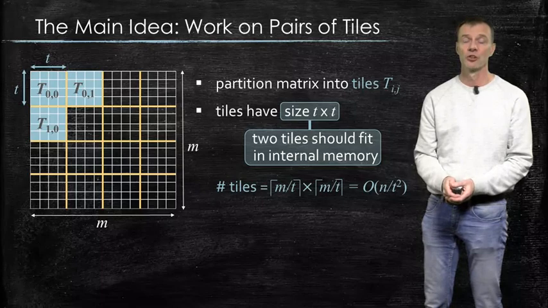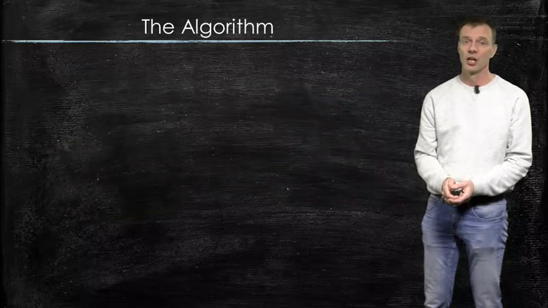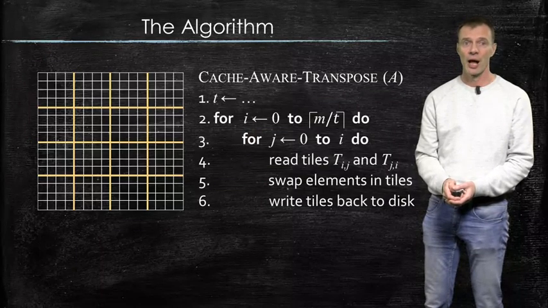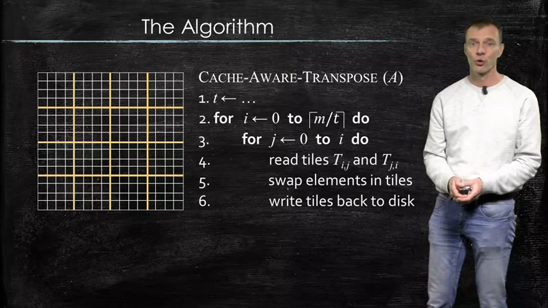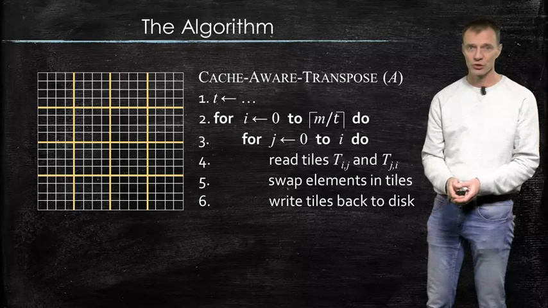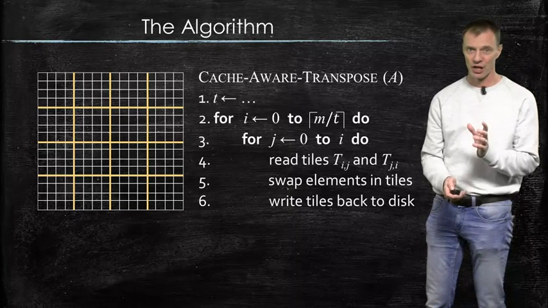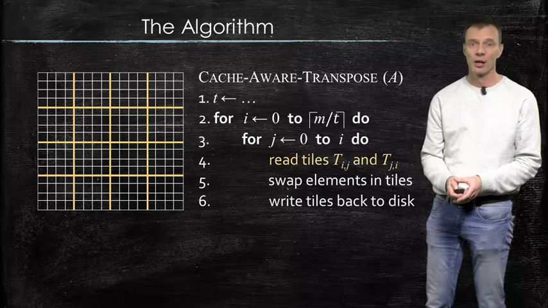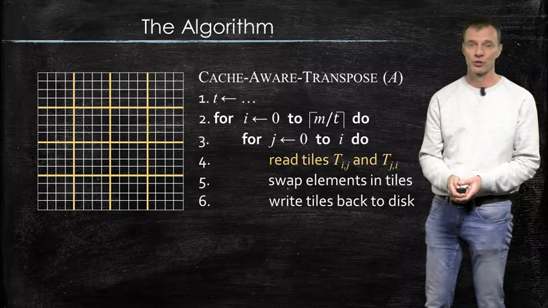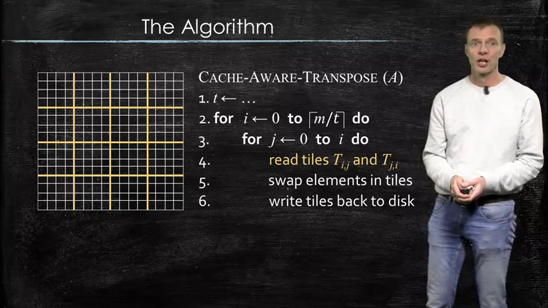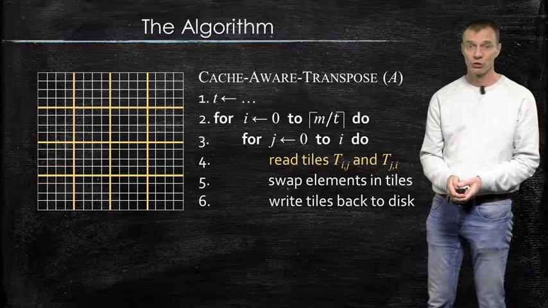That's the main idea, and let's see again on a simple example how this works. Here you see the algorithm. I'm going over all pairs of tiles. Actually, as we will see, some pairs consist of the same tile, but in general we read a pair of tiles and we swap them. So first, the algorithm is going to read the two tiles.